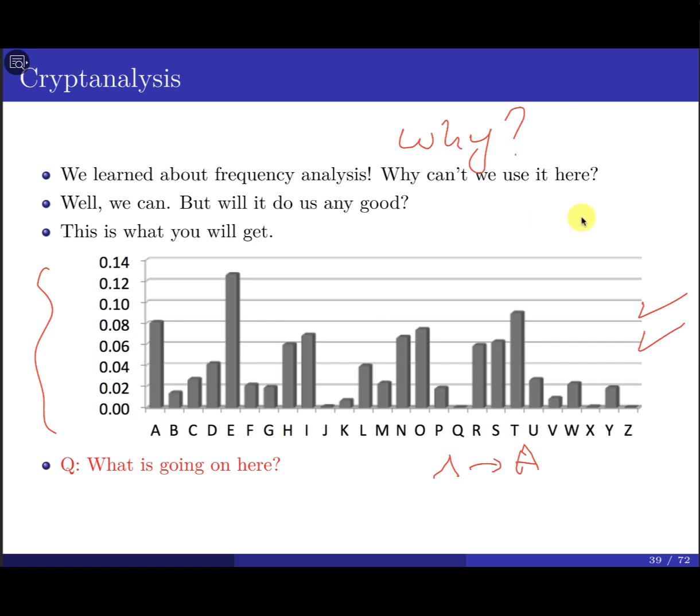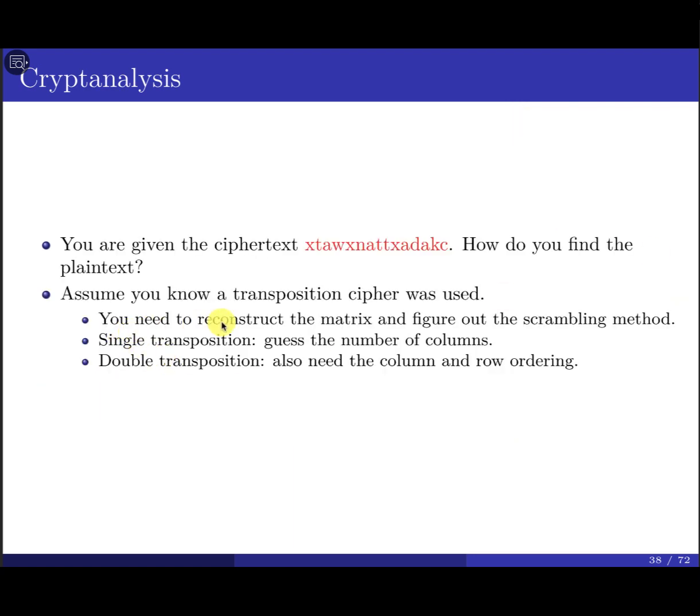But we do have ways to perform that. One way is to reconstruct the matrix. Single transposition: guess the number of columns. This is the guessing you can perform. Double transposition means you need to, for example, handle the columns and the rows. I removed this part because it's going to be time consuming, but we're still able to try to figure out and crack the system.